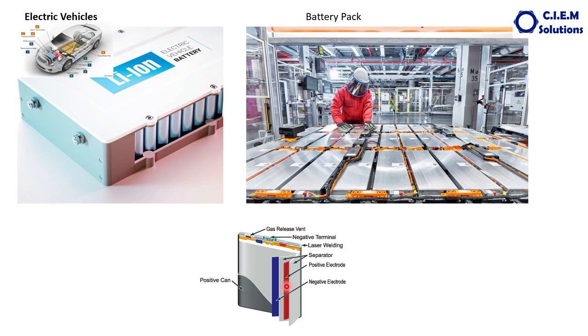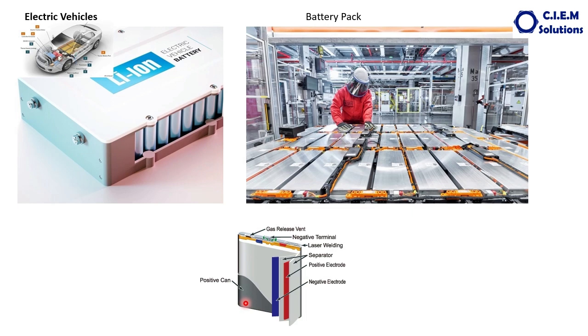There will be liquid electrolyte between these two, and to separate them there are separators. These silver colors are the separators, so that anode and cathode do not touch each other. All the anodes are connected to one terminal and all the cathodes are connected to one terminal, so one is the negative terminal and one is the positive terminal.